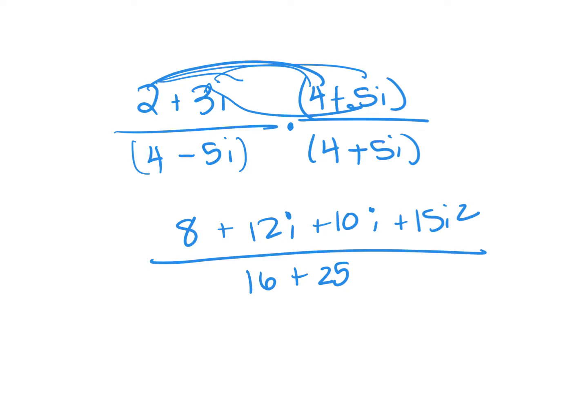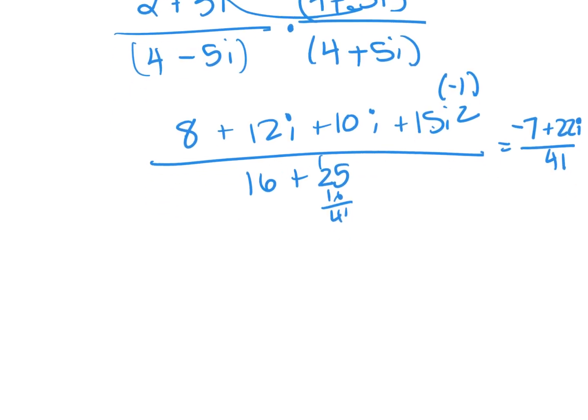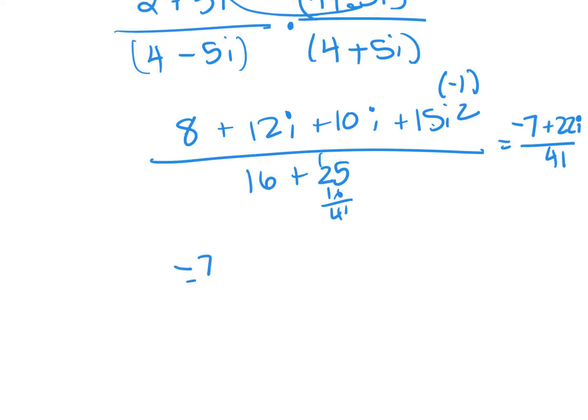This is real numbers. So i squared is negative 1. So this is 8 minus 15, which is negative 7, plus 22i. And on the bottom, I have 41. So my answer is a real part plus an imaginary part, a plus bi.